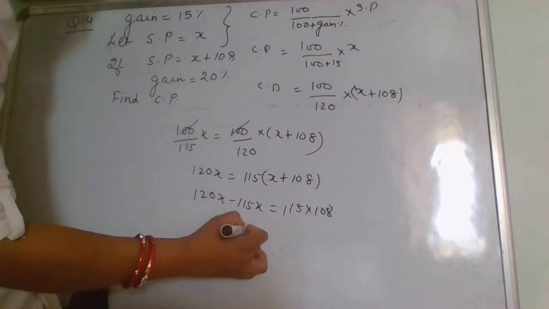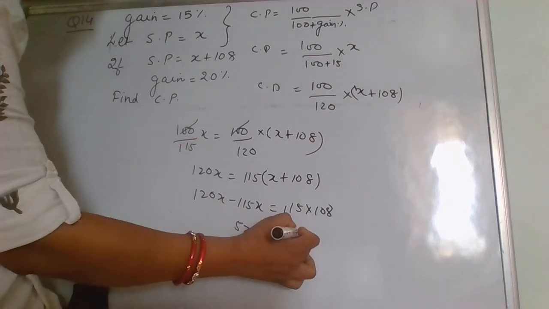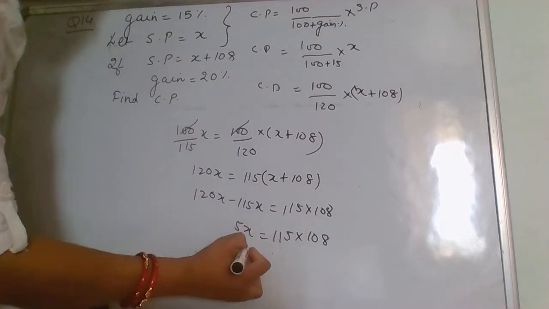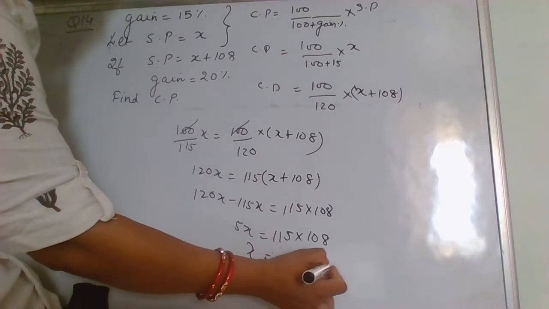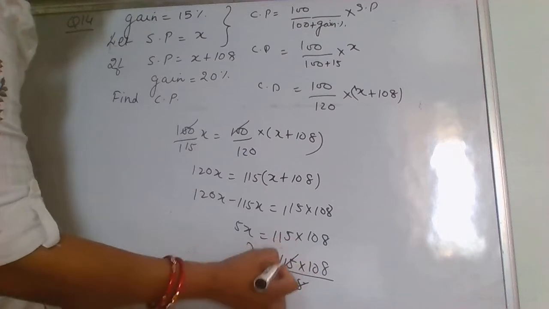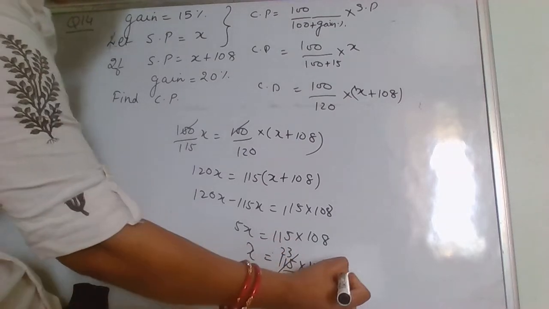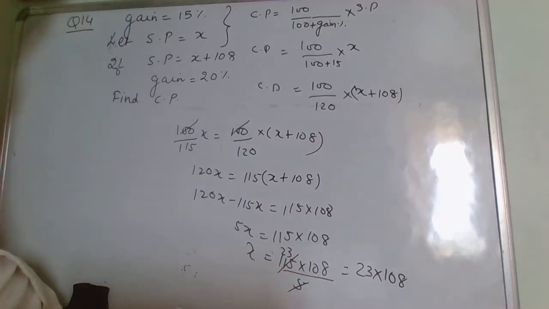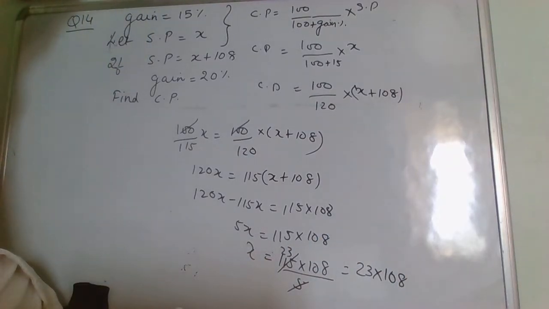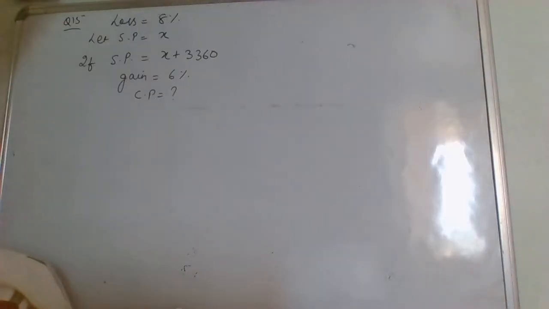Then 5x is equal to 115 into 108, so x is equal to 115 into 108 divided by 5. 5 2s are 10, 5 3s are 15. So 23 into 108. You have to multiply this and you will get the cost price.